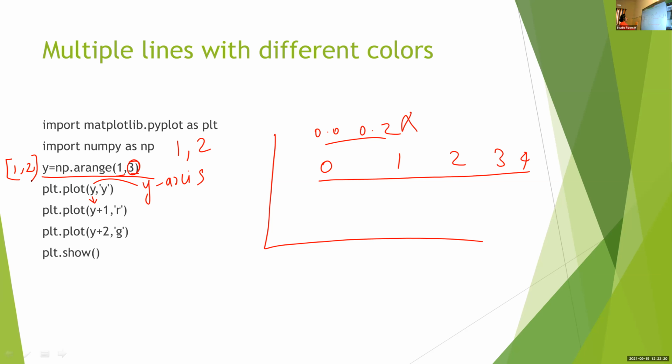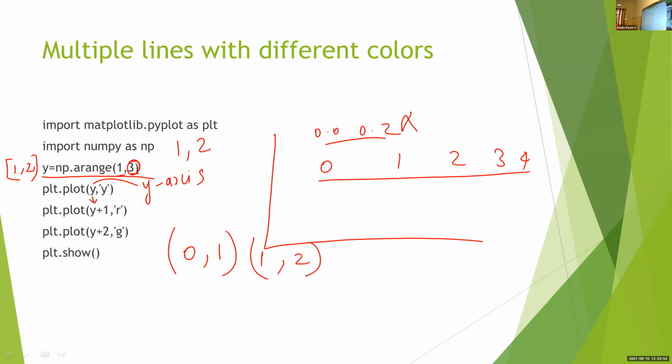So when we plot this one, x value it is 0, y value it is 1. That is the first plot. Then second, x value it is 1, y value it is 2. So this is the combination for drawing the first line.